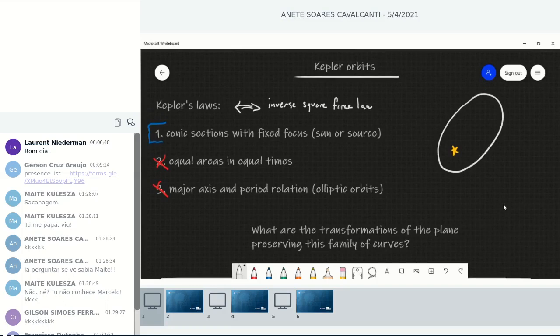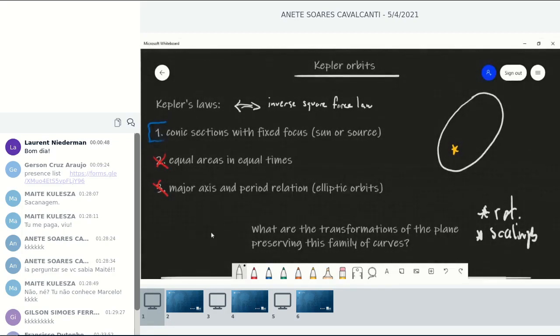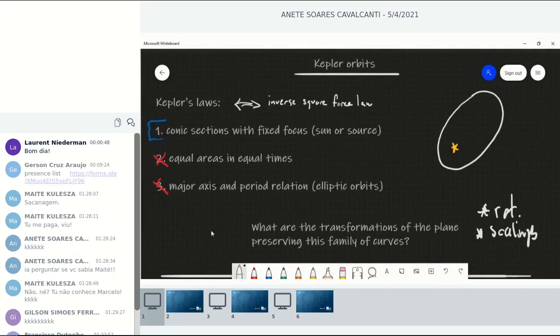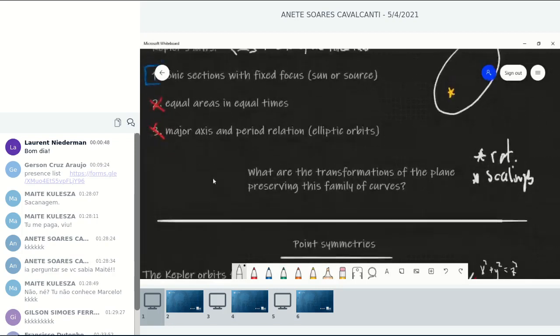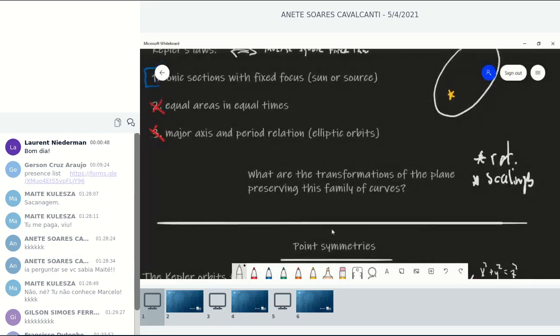So there are the obvious ones. We all know about rotations, and there are also scalings. And then we also have reflections through lines passing through the origin, these discrete ones. I think everyone knows this.